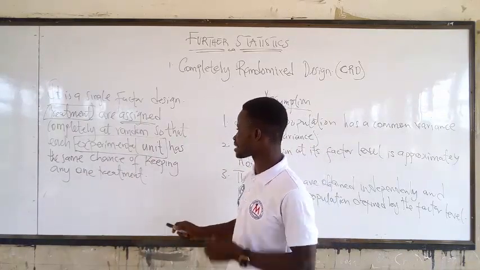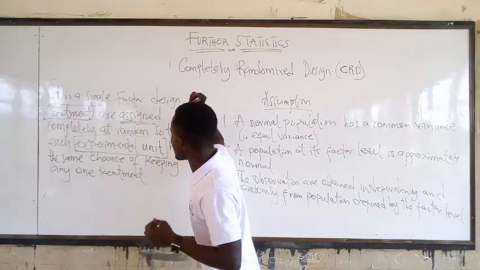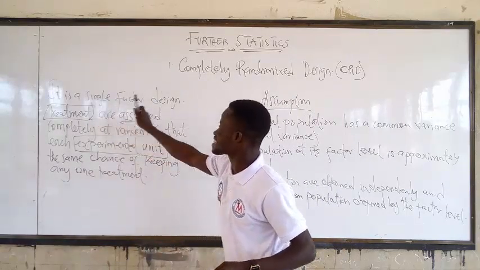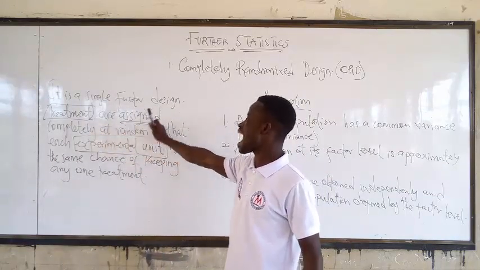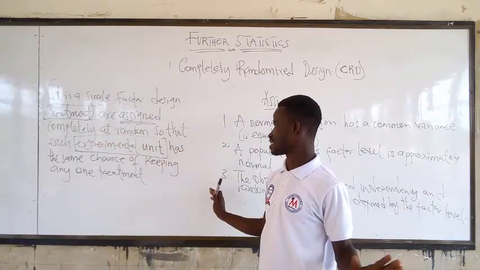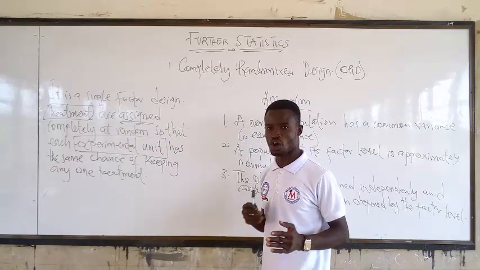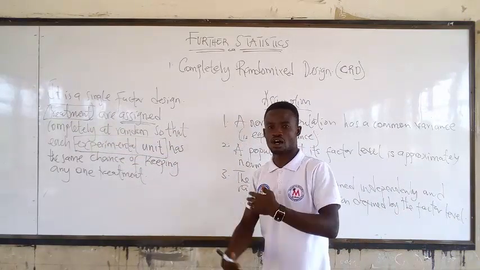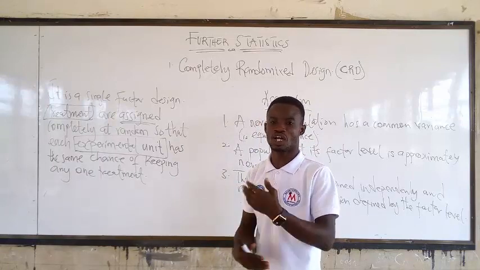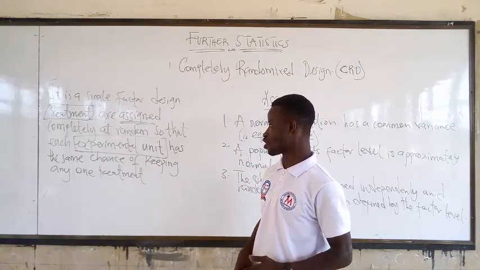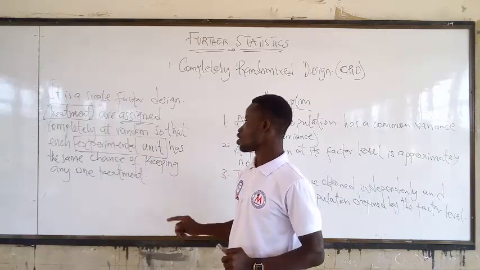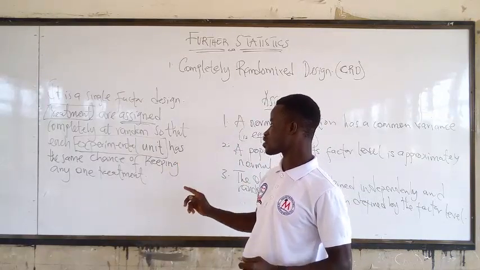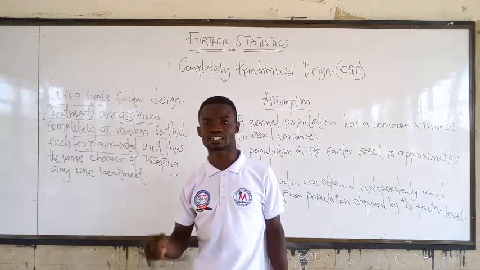So it's a single factor design. Treatments are assigned completely at random, so they are given to them randomly, and each experimental unit has the chance of keeping any one treatment.